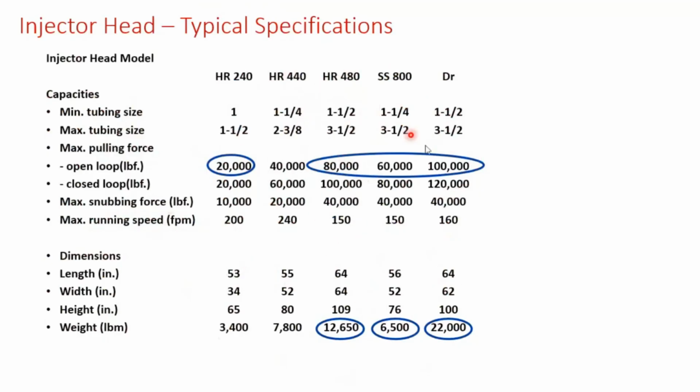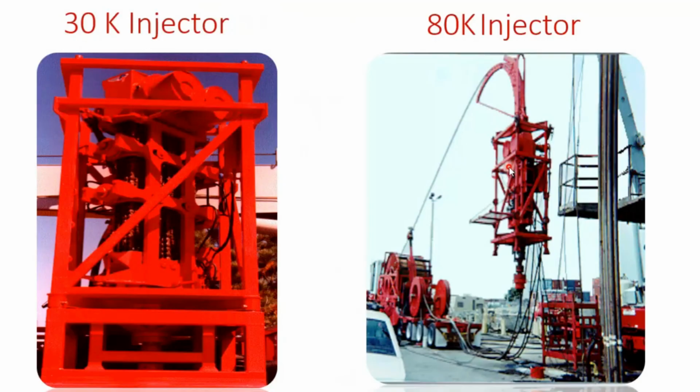So this is a criteria of selection depending on the application and the calculation, especially calculated by software designed to select our coiled tubing forces and corresponding injector heads. There are different types of injector head with different pulling forces, 30K, 60K, 80K, up to 100K and exceeding 100K in some designs.